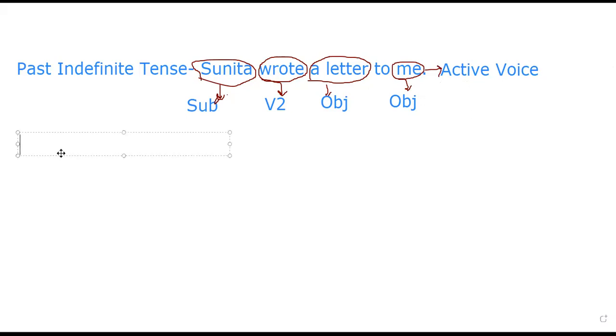So we can make changes from active voice to passive voice in two ways because here there are two objects. First, let us take a letter. So we will say a letter.